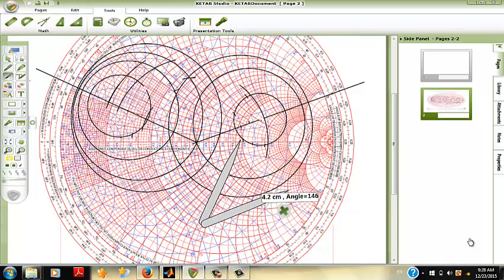So we are adding here parallel inductor.